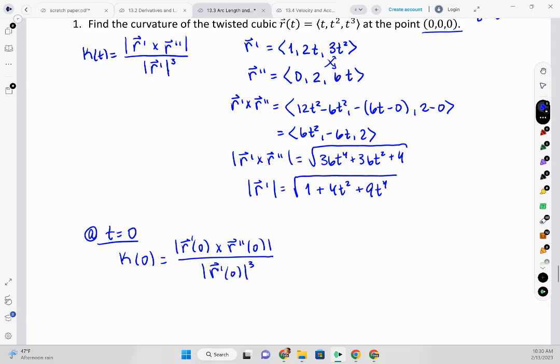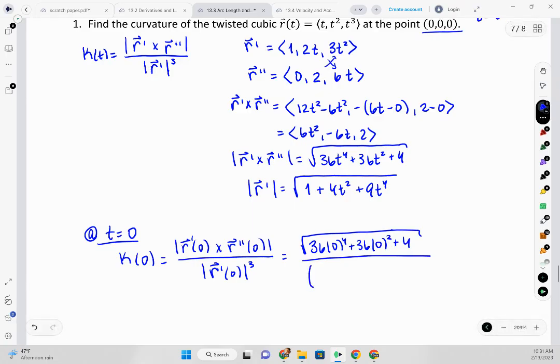So I'm going to plug in all these zeros. We found our cross product and its magnitude, and we need it evaluated at 0. So we get the square root of 36 times 0 to the fourth plus 36 times 0 squared plus 4. In the bottom, I have first my parentheses, because I am going to have to cube everything on the outside.